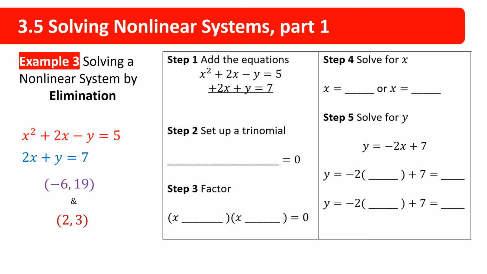And finally, I'd like to double back to the previous problem, example 2, where we did substitution. We had x squared plus 2x minus y equals 5 and 2x plus y equals 7. And we found the points of intersection to be (-6, 19) and (2, 3). I want to do that with elimination because I also noticed that we have a negative y and a positive y sitting there.